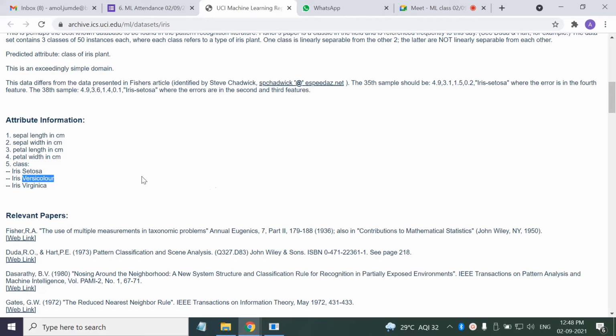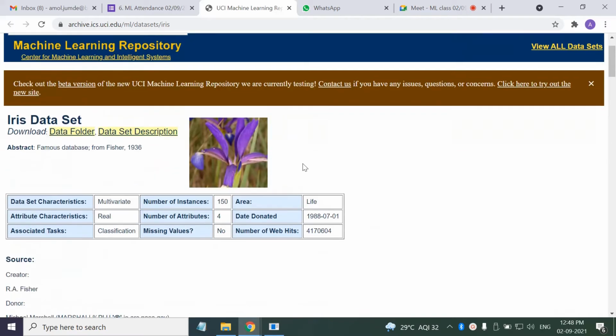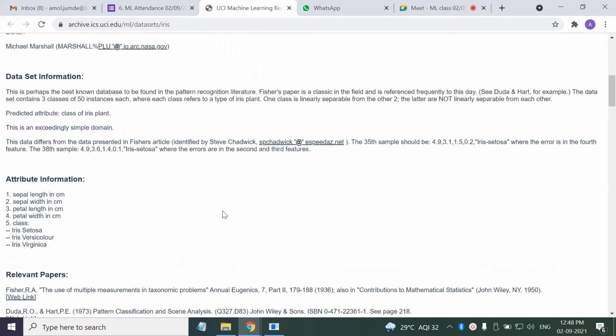So this is the home page of this IRIS dataset, and this is a sample image of that flower. Here we have 150 samples and there are no missing values. We have 50 samples for each class. And what are the features provided?